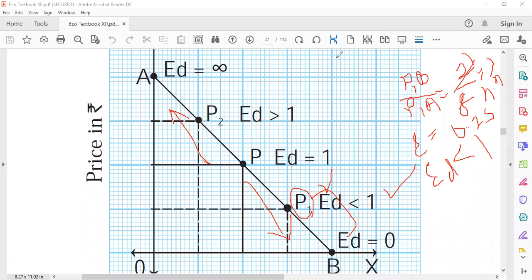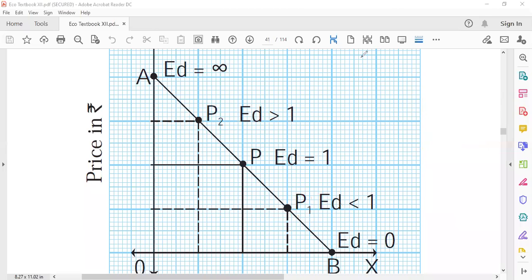So as we move closer to the x-axis, if we are closer to the x-axis, then elasticity will decrease. If the point on the demand curve is on the x-axis, then elasticity will be equal to 0.